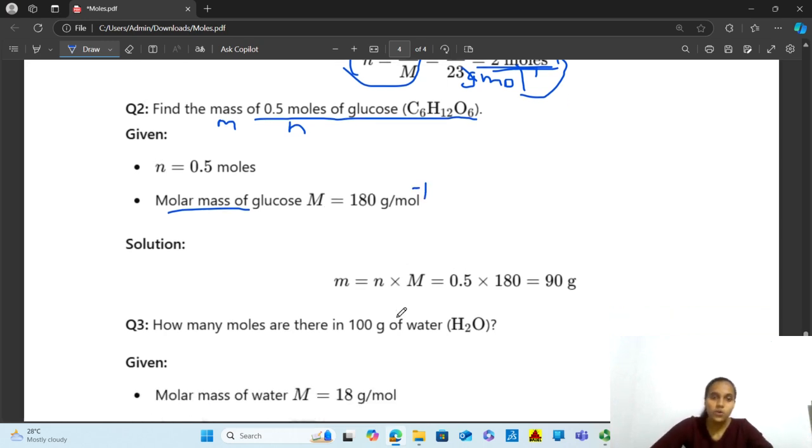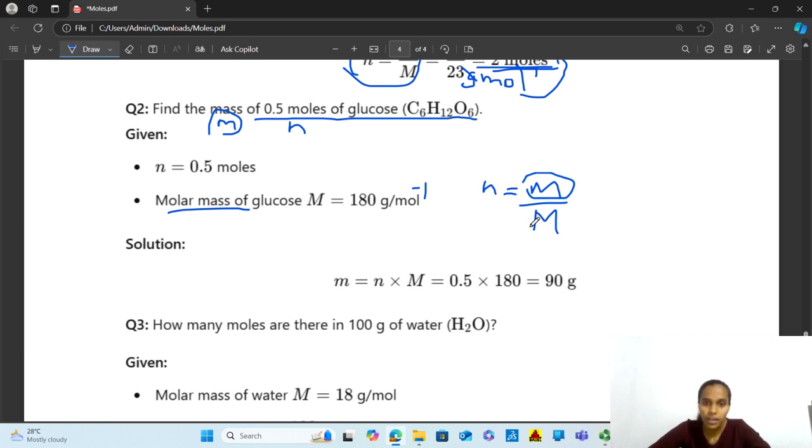So we have to substitute into the equation we know, n equals m over M. But they are asking for small m, so we have to make m the subject. How can we do that?